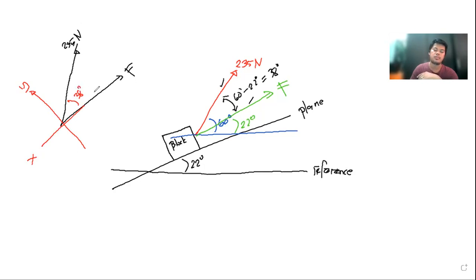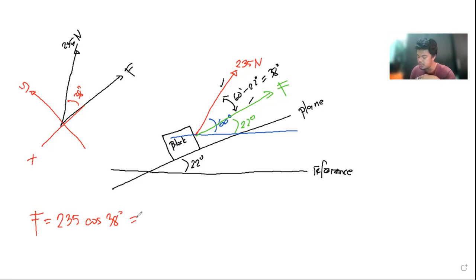Now, if we try to calculate the component F, then we can say that F is basically 235 cosine of 38.